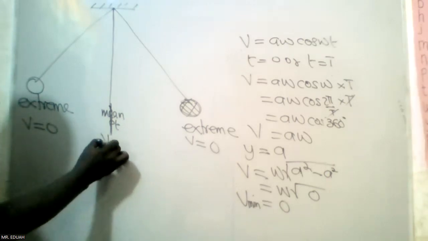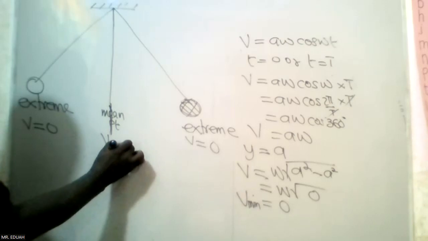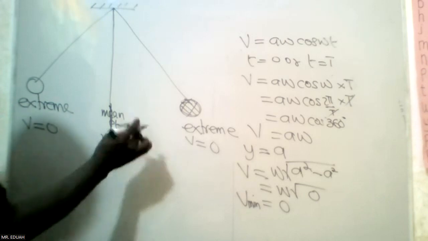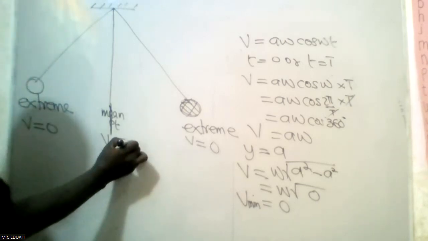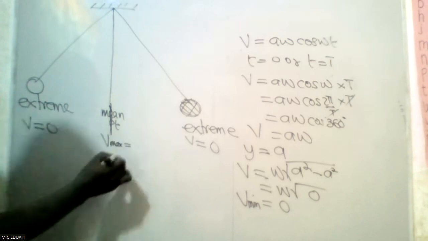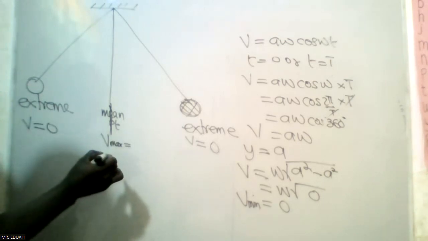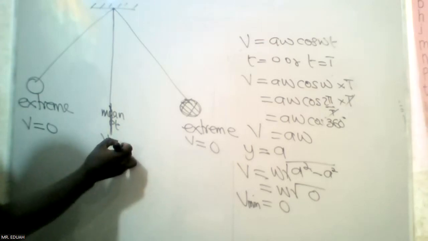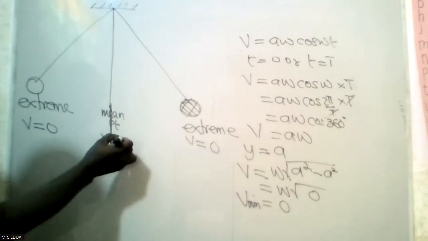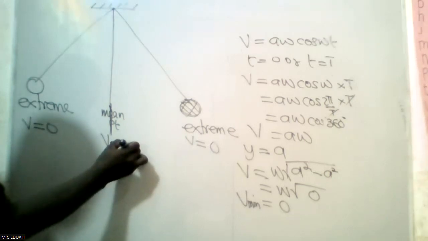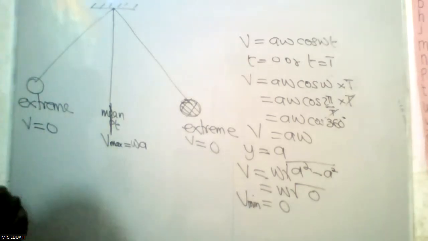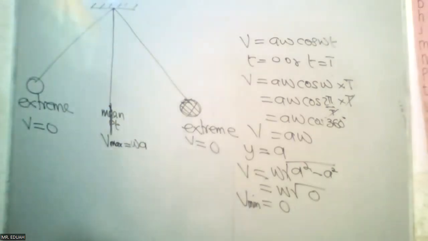So V maximum occurs here, and this is equal to omega A. The maximum velocity is equal to omega A.